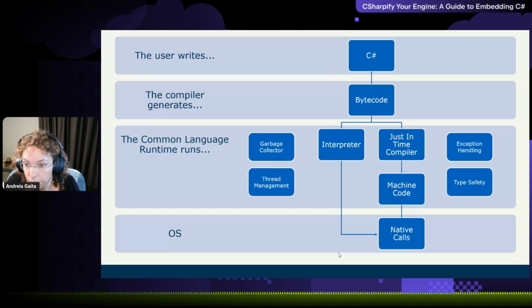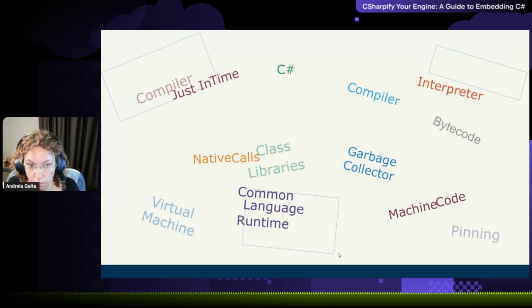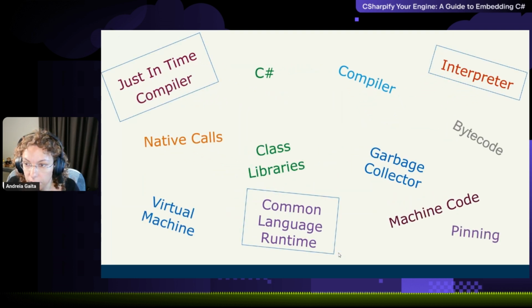So it's kind of like a little OS inside the OS, doing its thing and then calling out into the actual real world OS. And then the OS calls back into C#, et cetera. Those go into our little bag of words. So we have the common language runtime, the interpreter, and just-in-time compiler.